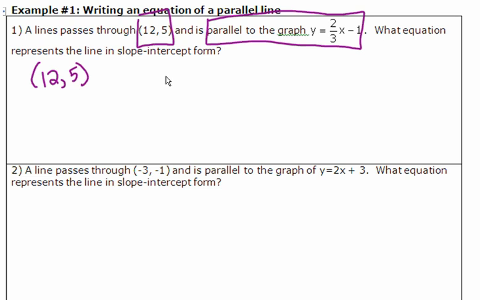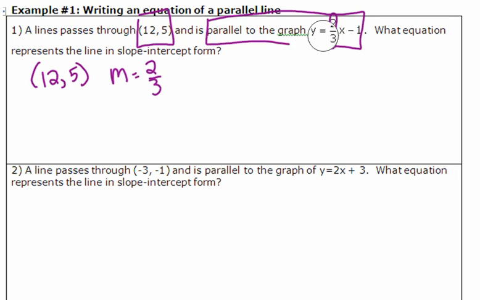Remember, parallel means that they have the same slope. So if this line has a slope of 2/3, remember slope is always the number in front of your x, then my line should also have a slope of 2/3. So my m is 2 over 3.